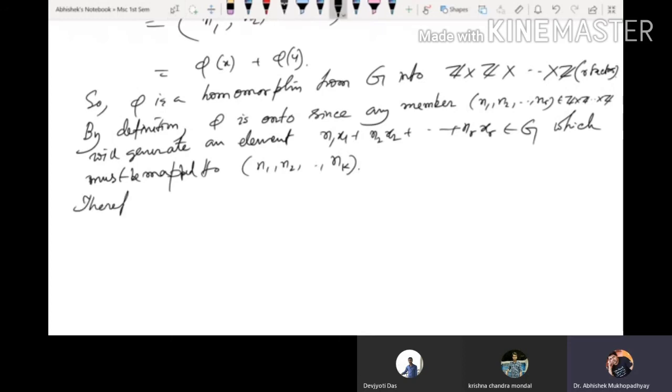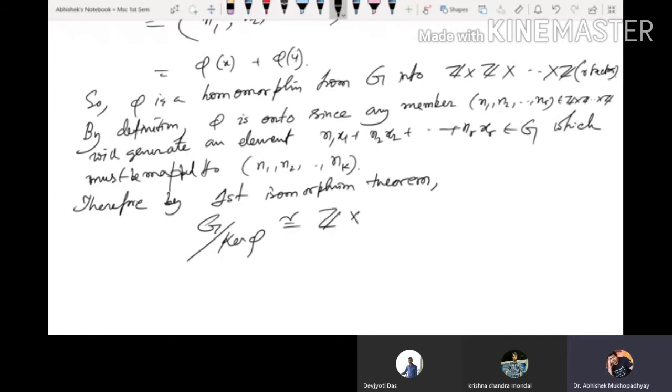So therefore, by the first isomorphism theorem, G by kernel of phi is isomorphic to Z cross Z up to R factors.